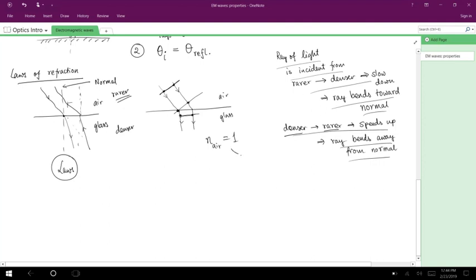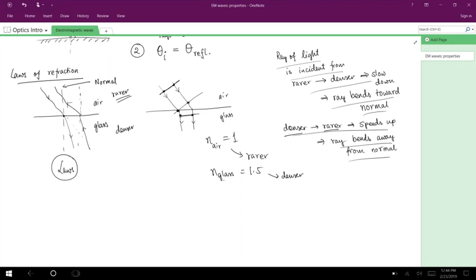So that is a rare medium. So that's generally going to be rarer medium in all our examples. And then n glass is equal to 1.5. So that is a denser medium. Okay, so rarer or denser is determined by how large the refractive index is. Whenever a medium has a larger refractive index than another medium, then that first medium is supposed to be denser than the second medium, right?